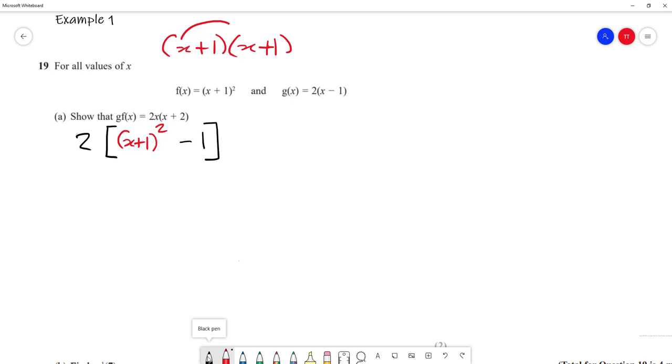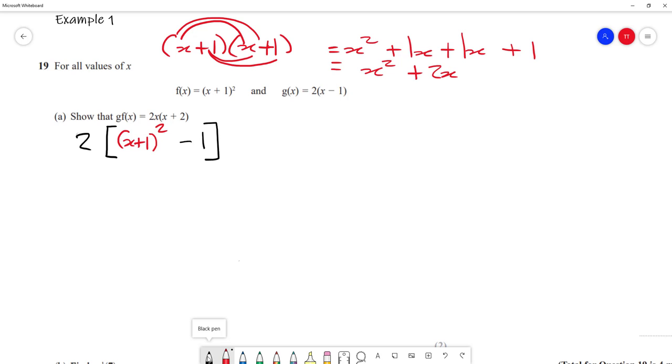Then x times x will give me x squared, x times 1 will give me 1x, x times 1 again will give me 1x, and 1 times 1 will give me 1. So that will give me x squared plus 2x plus 1. So I'm going to replace (x plus 1) squared with what we have above, which is x squared plus 2x plus 1. And don't forget we need to also minus 1, what we had originally.